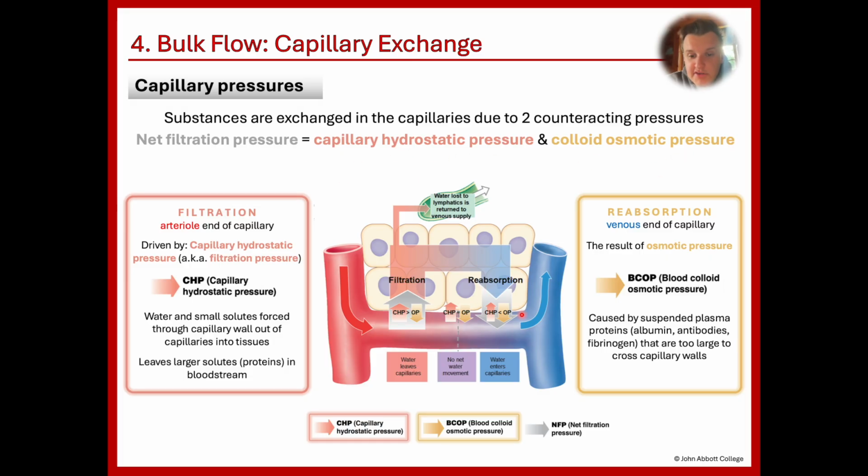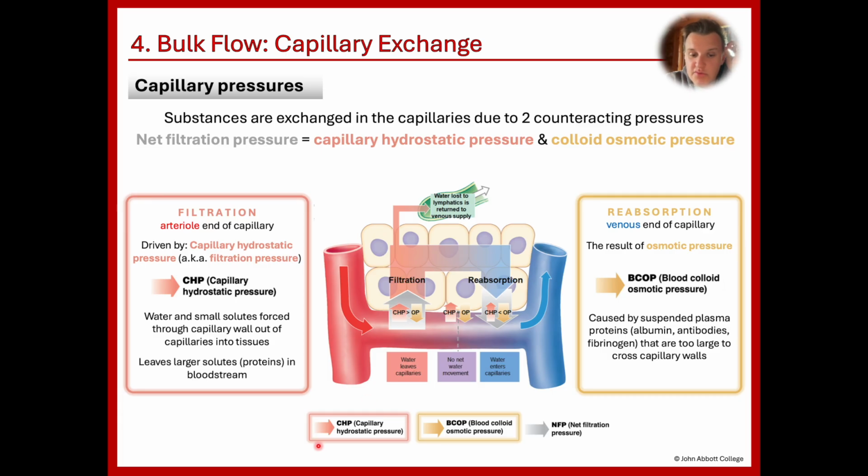I told you to just look at the gray arrows to see the net direction where things are flowing. But these gray arrows, the net filtration pressure, depend on 2 forces. So in this case, when it's filtration at the arterial end, it's driven by the capillary hydrostatic pressure. Do you see this CHP?